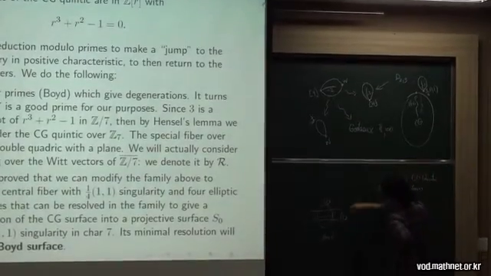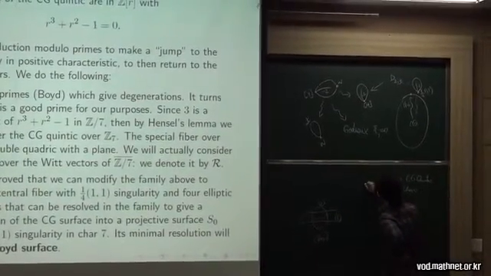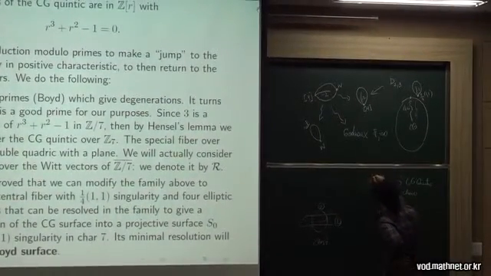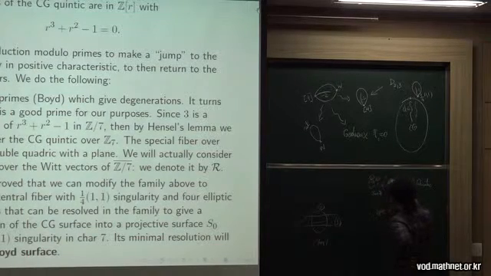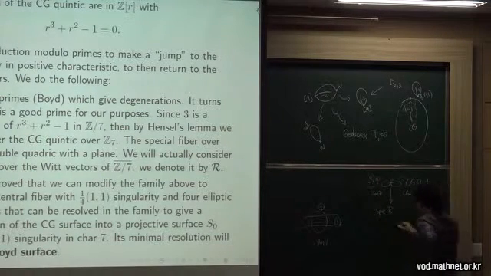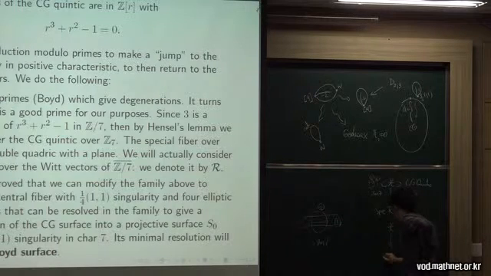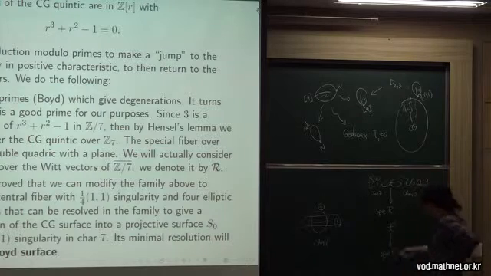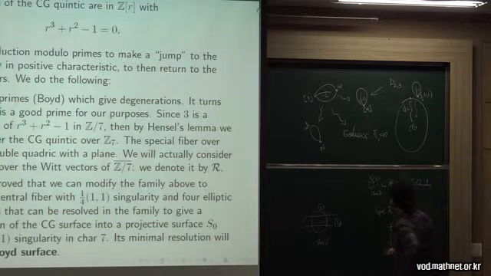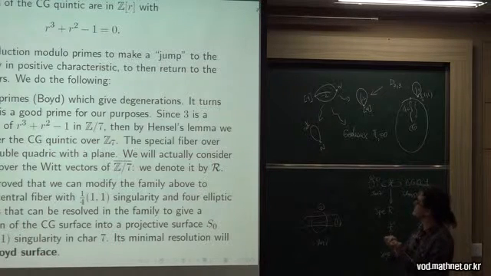In characteristic 7, we have this situation, a double quartic, and this is my initial family, but you can change it to another family where there is a certain double cover of this situation plus a simultaneous resolution of these singularities.